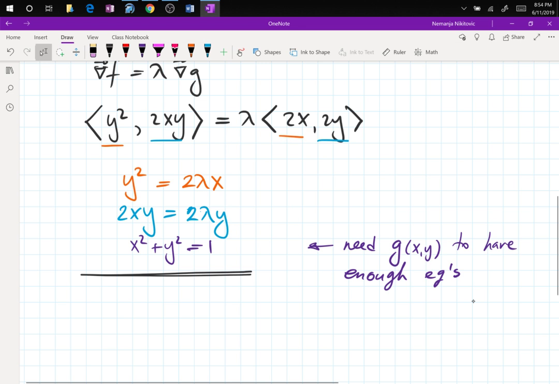Another piece of advice is do not cancel variables on left and right. Look at the second equation. You might be tempted to cancel those y's, right? If you cancel the y's on both sides, that immediately means that y cannot be 0.